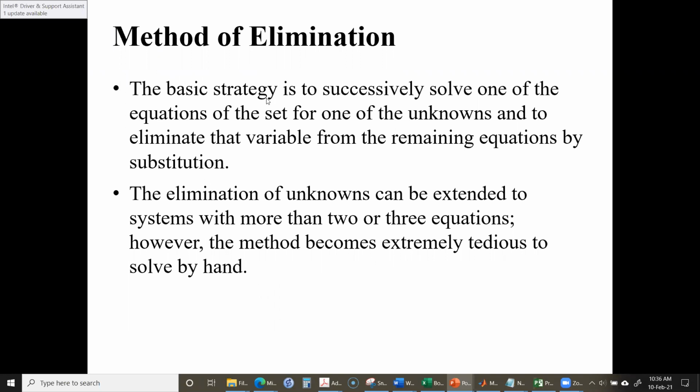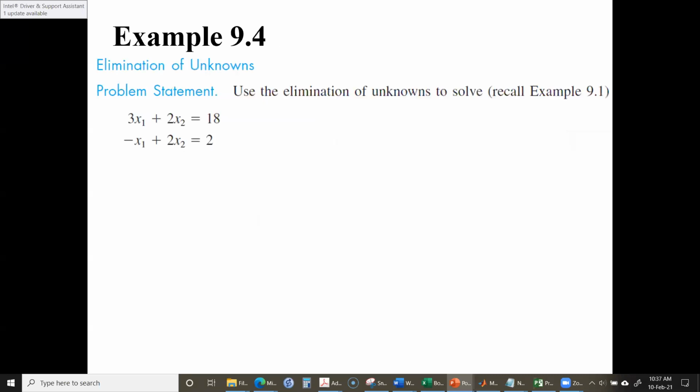In this case, the basic strategy is to successively solve one of the equations of the set for one of the unknowns and to eliminate that variable from the remaining equations by substitution. The elimination of unknowns can be extended to systems with more than 2 or 3 equations. However, the method becomes extremely tedious to solve by hand.